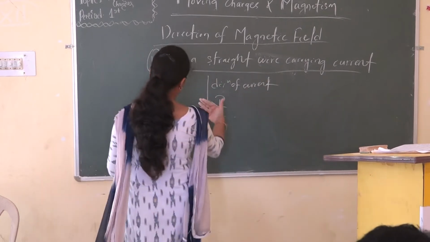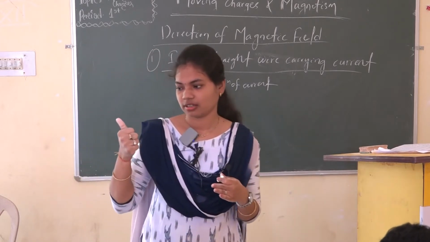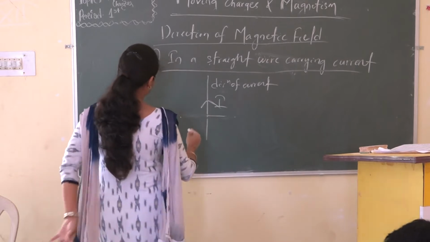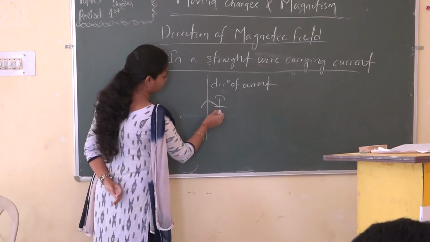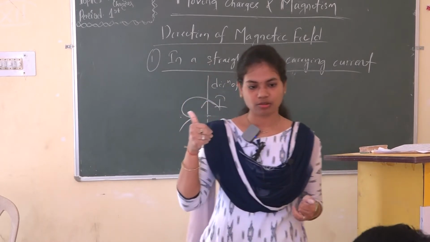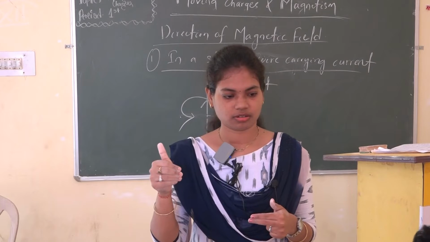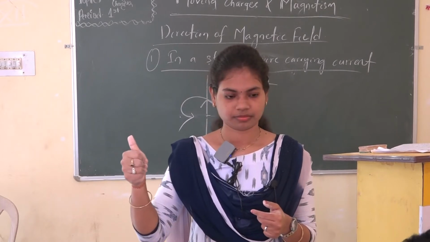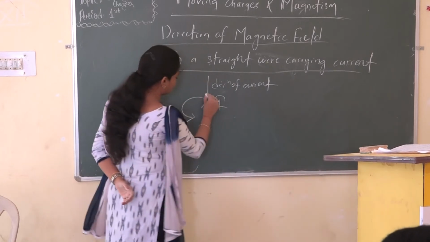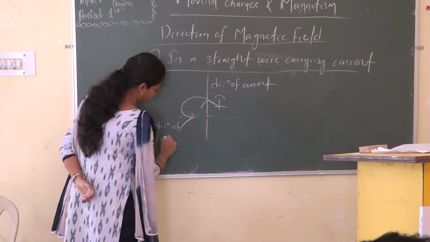The fingers curl outward. The direction of magnetic field is in the outward direction. That is the direction of current and that is the direction of magnetic field.